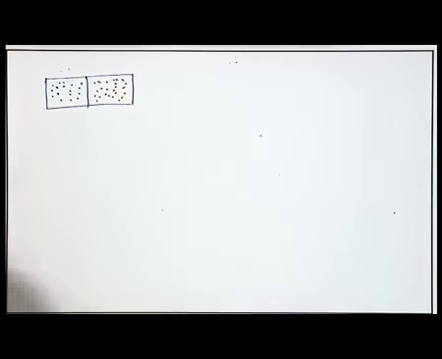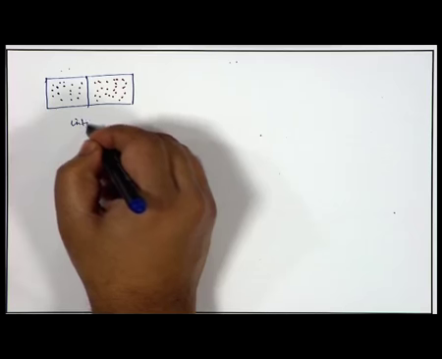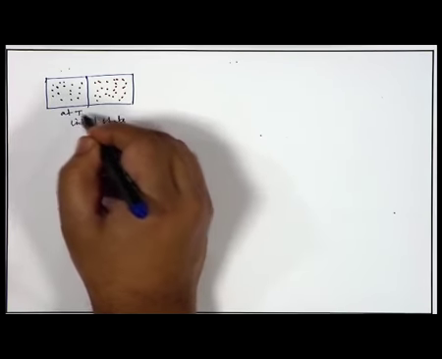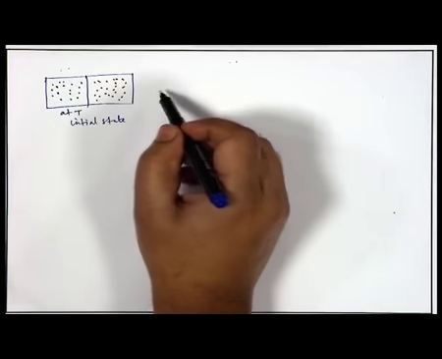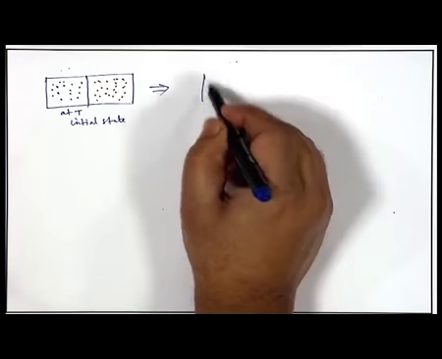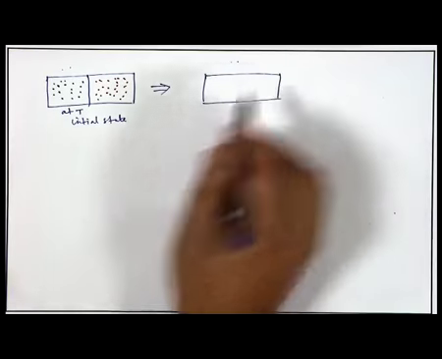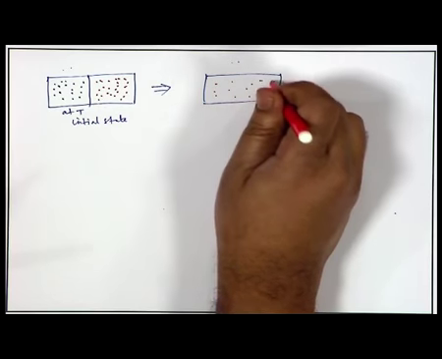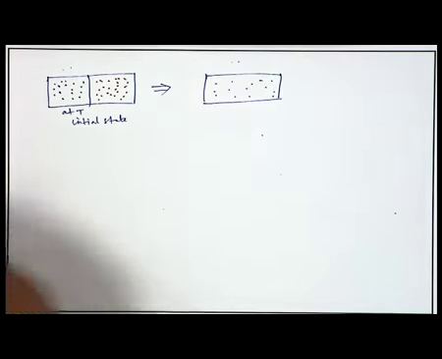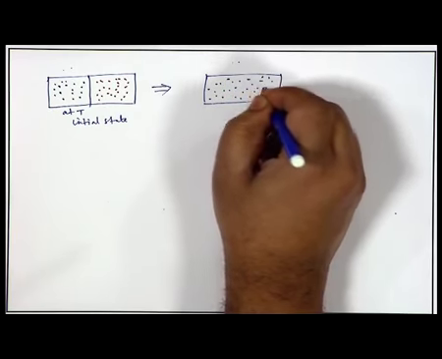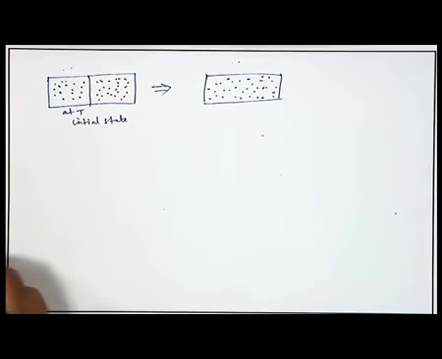This is my initial state at temperature T. Now, if I remove the barrier, what will happen? You will get both the gases all over the entire volume.